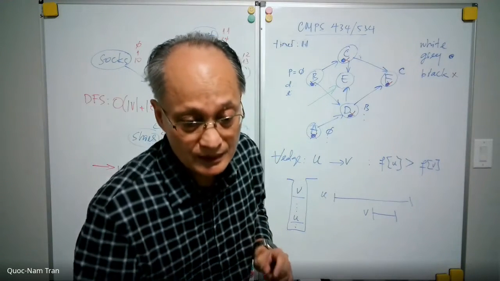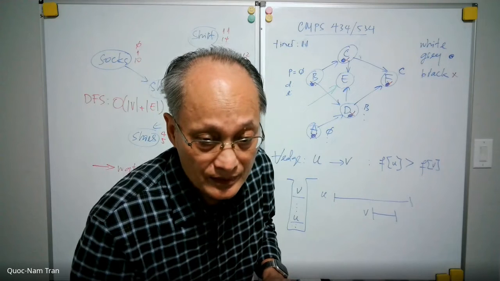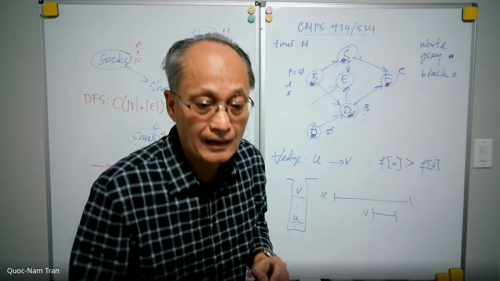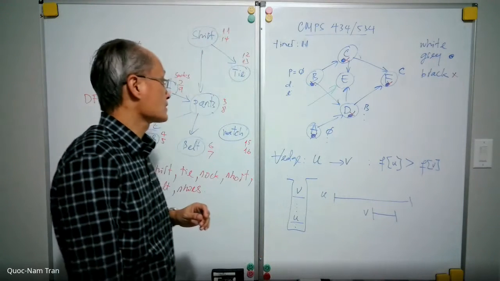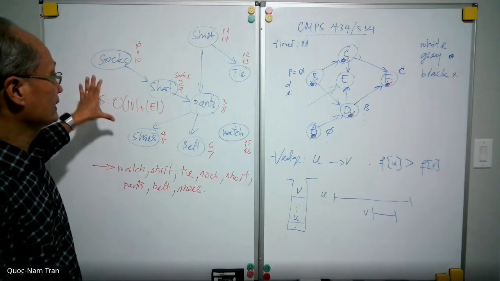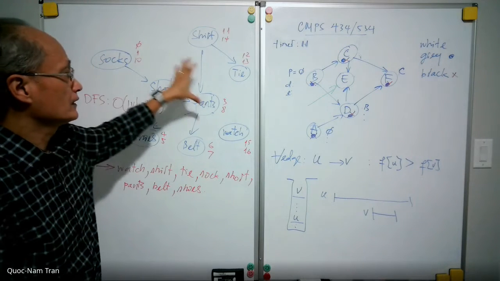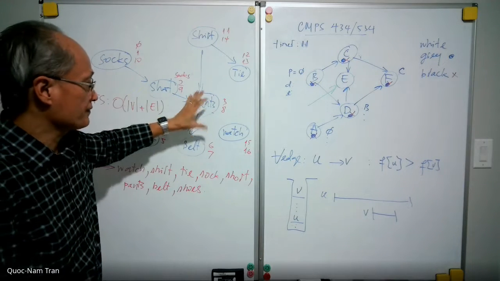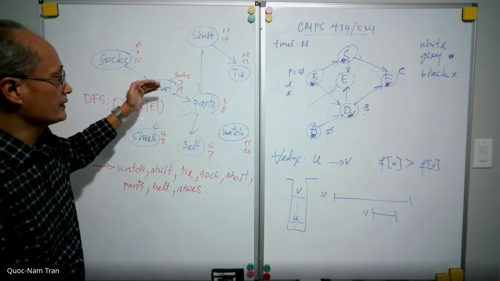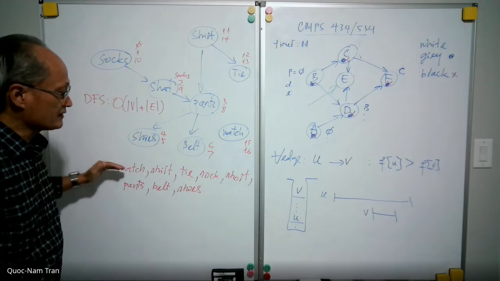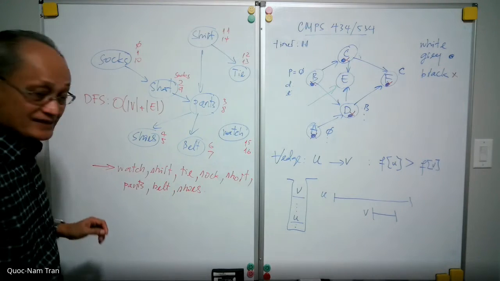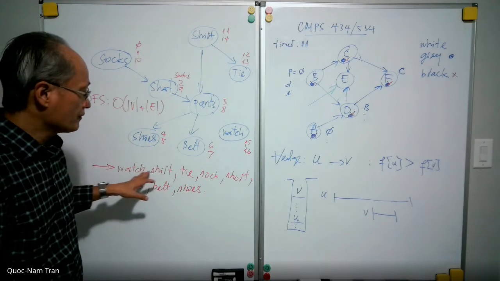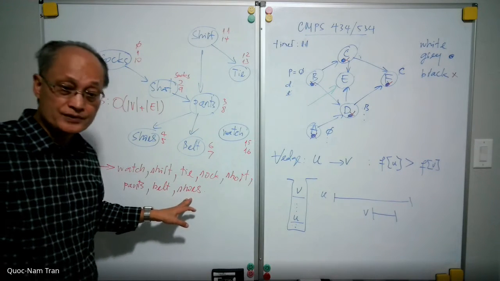Let me remind you again about how we prove that the topological sort is always correct. Here we have a DAG, and by following the DFS and listing the items with respect to the finishing time in descending order, we follow all of the rules, right?